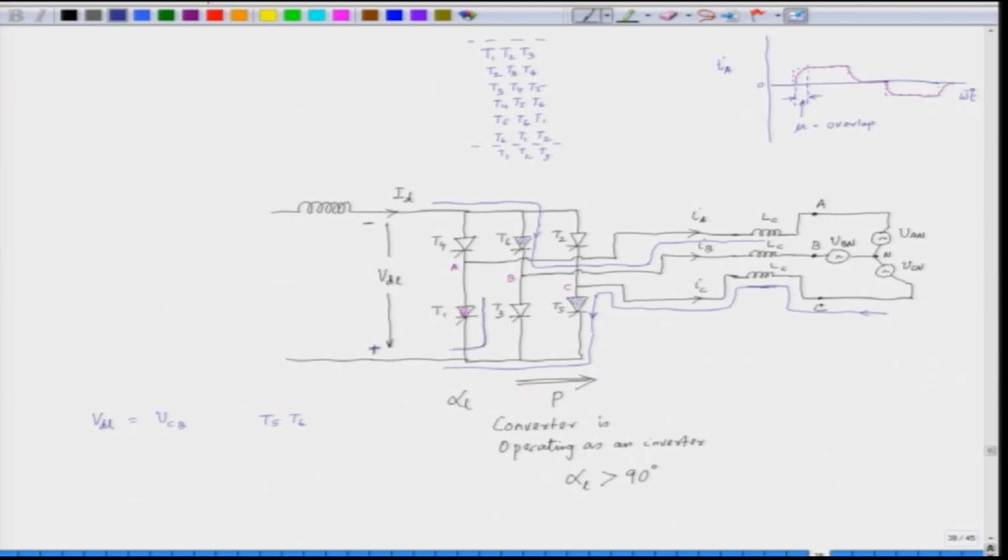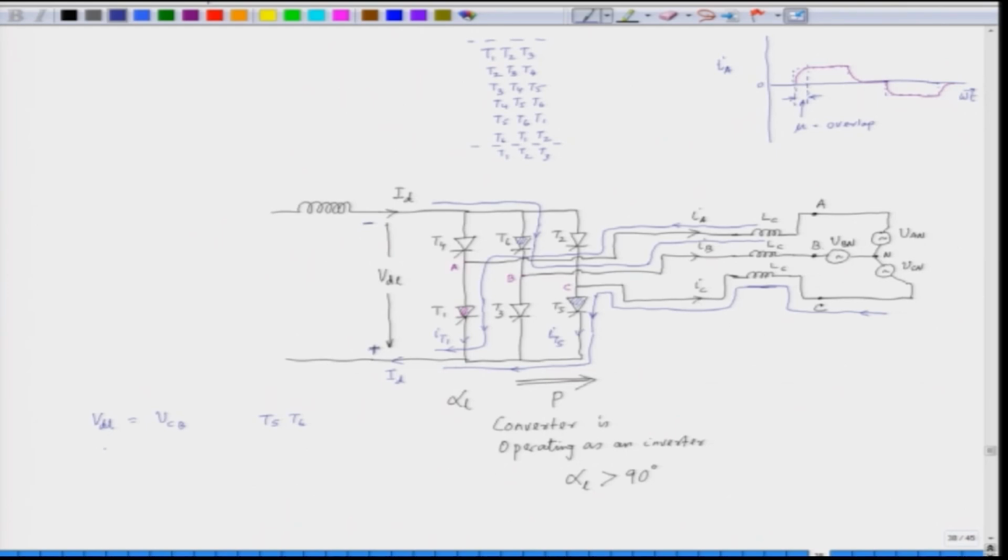This current will try to flow here, and this current will come from phase A. The contribution of ID is here, and the same ID flowing in this case is because of IT5. So, IT5 and IT1 are ultimately the currents of the phases of the synchronous motor.